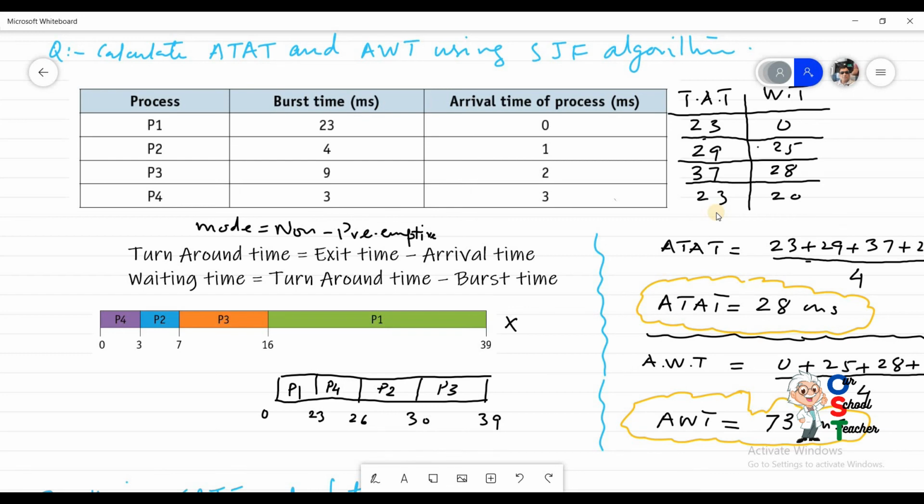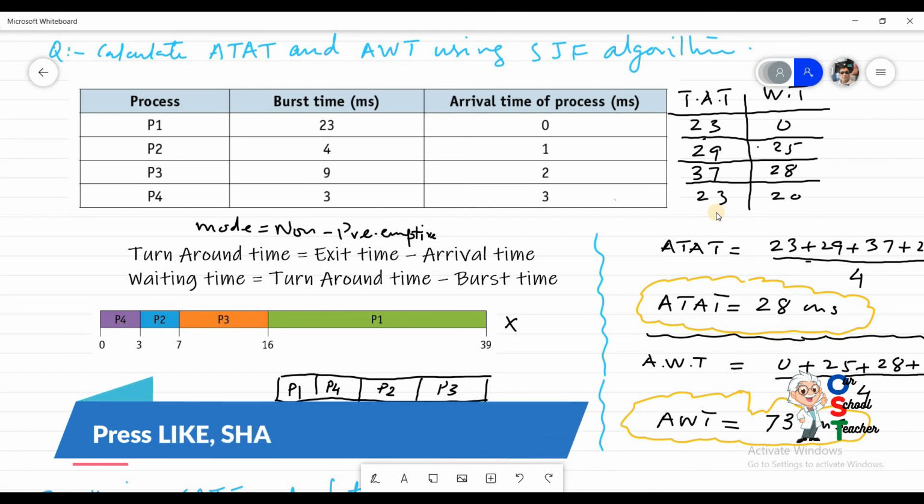For P3, turnaround time 37 minus 9 would be equal to 28. Similarly for P4, turnaround time 23 minus 3 is equal to 20. So this is how we can calculate turnaround time and waiting time for every process.